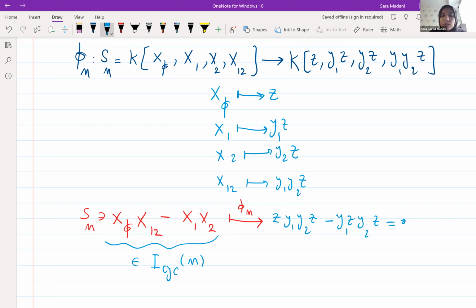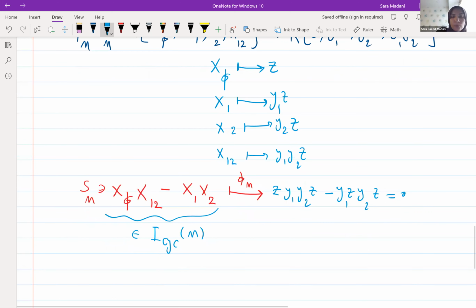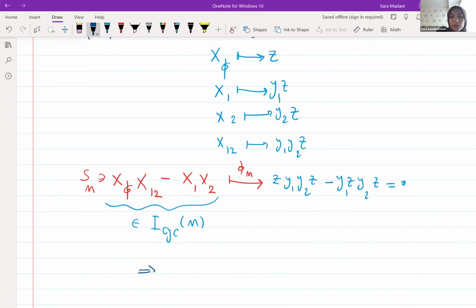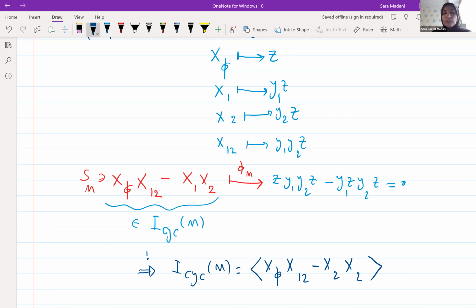Okay, you can work a little bit. It's not so difficult here to see what is exactly the kernel, but it needs a little bit of work. But now at least I can tell you that this cycle ideal is just generated by this element. So it is a principal ideal generated by this pure homogeneous binomial of degree 2. In general, computing such kernels or cycle ideals is not so easy.